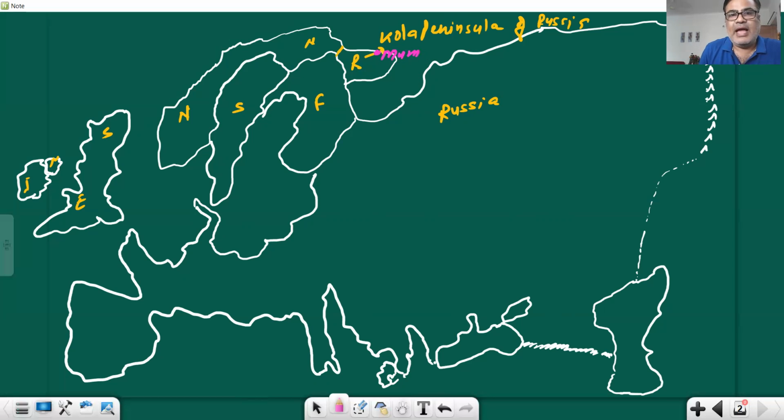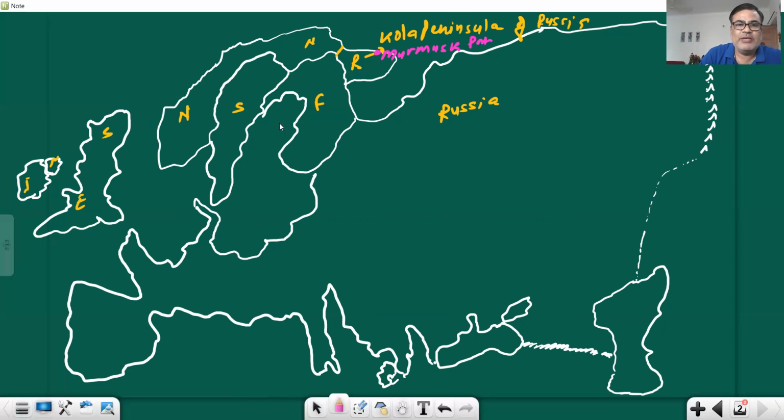The important thing about Murmansk is that it is a port which remains open even during the winter season, when the larger part of northern Europe is frozen. You have to answer why Murmansk remains a free port during the winter season, when other parts of Norway, Sweden, Finland, and Russia remain frozen. You have to answer that. Murmansk is a very famous port city.